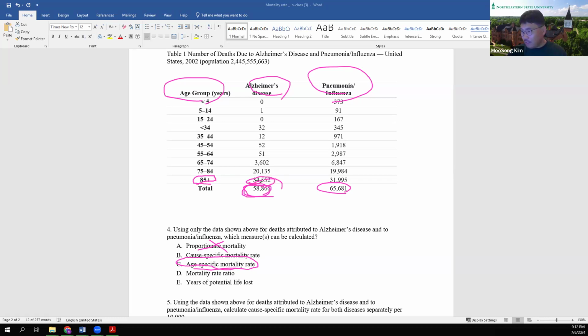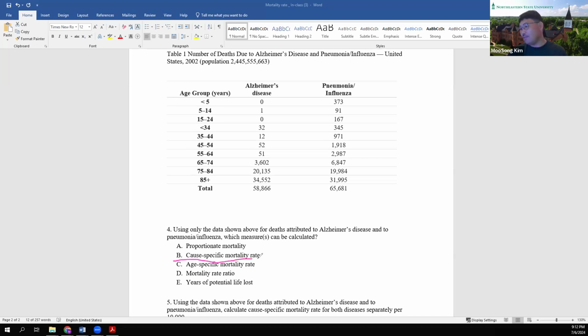We have the deaths from each disease in these age groups, but we do not have information about the population for these age groups. So that's why we cannot calculate the age-specific mortality rate. Mortality rate ratio, no. Years of potential life lost, we didn't learn about this.